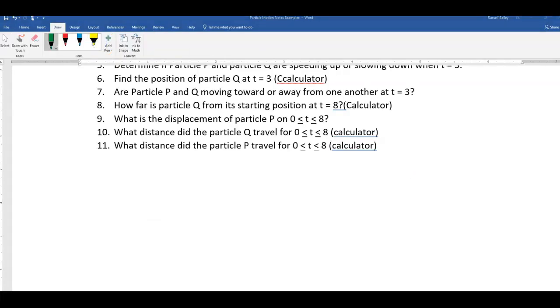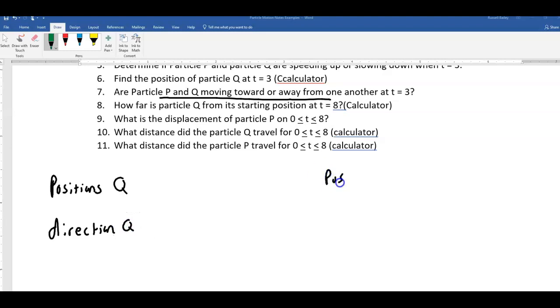So for question 7, I want to know what's up with particles P and Q. Are they moving toward or away from each other? Well, I need to find the position of particle Q. I need to find the direction of particle Q. I also need to find the position of particle P, and I need to find the direction of particle P at t equals 3.